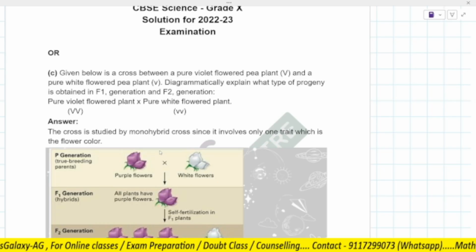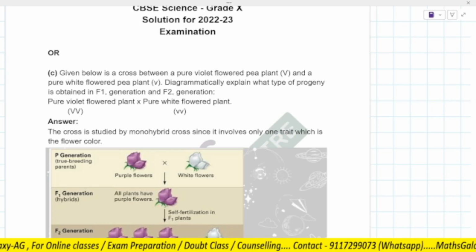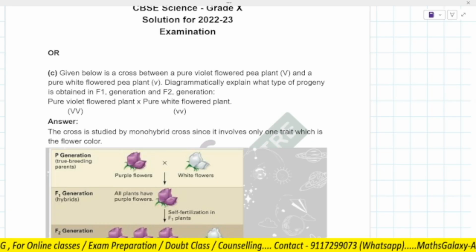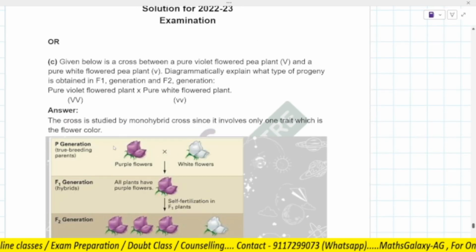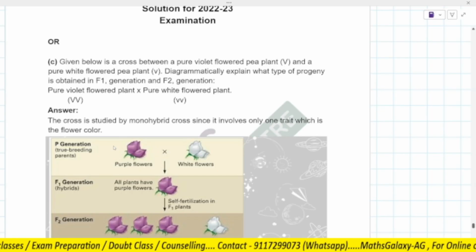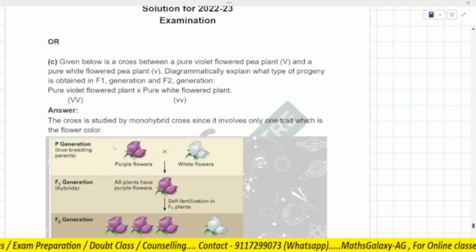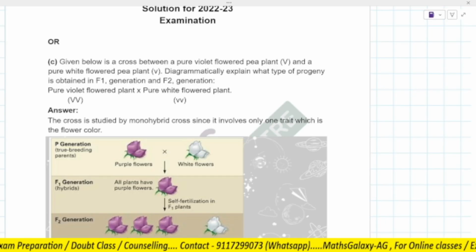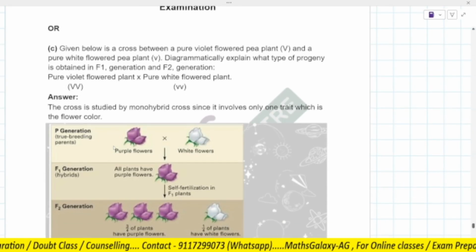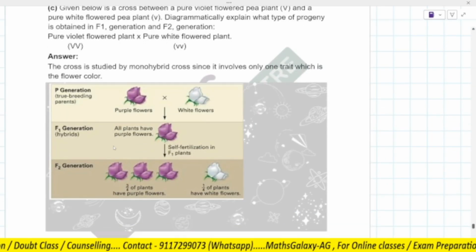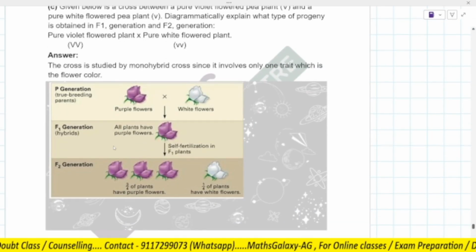Diagrammatically explain what type of progeny is obtained in the F1 generation and F2 generation. So it's also too easy. You have to just explain it, or you can also write the ratios. So it will be like this.